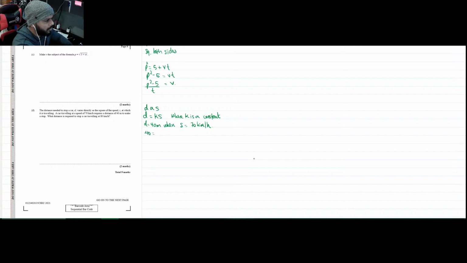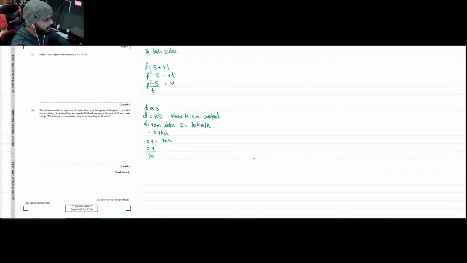So 40 is equal to 70 k. Yeah, I think I need to change the distance to kilometers. 40 meters is 40 divided by 1000, that is 0.04 kilometers. So 0.04 is equal to 70k.